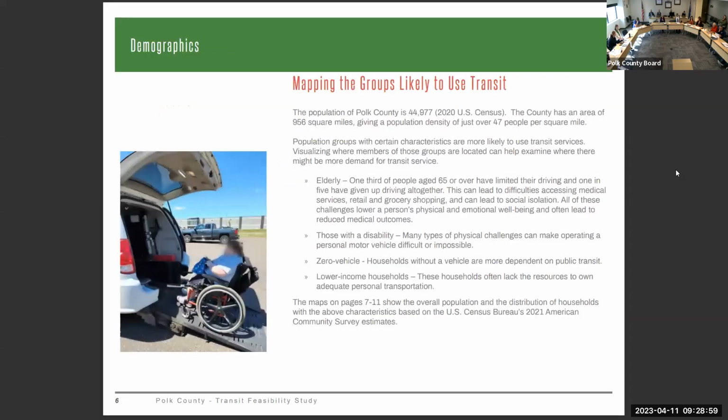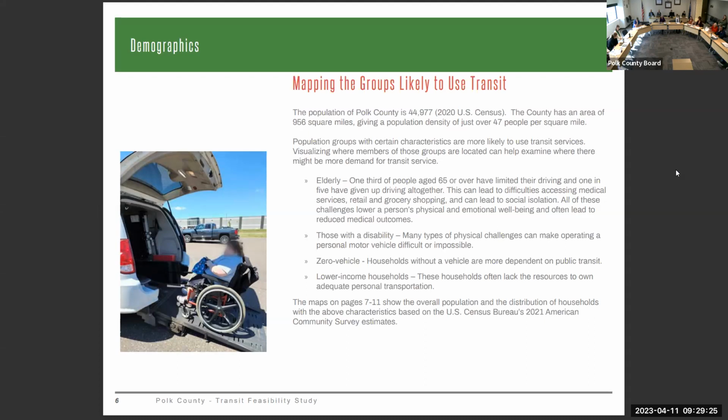Next slide, please. So one of the things we do is we map the demographics, the locations of the demographics that have high transit propensity, the likelihood that they will use public transportation or transit solutions besides private vehicles. So the next few maps, I won't belabor them too much, but you have the total population and where it is.